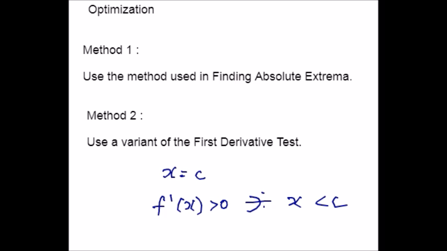Likewise, suppose that we knew that f'(x) is less than 0 for all x in I such that x is greater than c. In this case, we know that to the left of x = c, provided we stay in the interval I, of course, the function is always increasing, and to the right of x = c, again staying in the interval I, we are always decreasing. In this case, we can say that the absolute maximum of the function f(x) in I will occur at x = c.